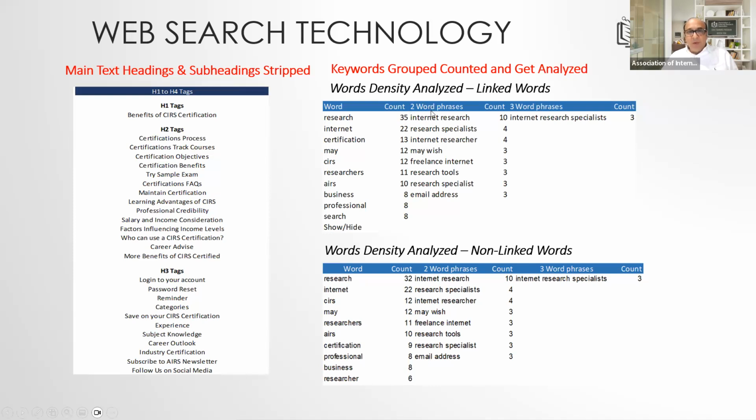In the second one, you could see it is also not ignoring two words together, like how many of the two words are more frequently used on those pages. Internet research 10 times, research specialist 4 times, and so on. So it is making a kind of directory. It is creating something that allows it to later use this information to make judgments on what pages can be more relevant to your search query in terms of matching terms, whether as single words or two words together.